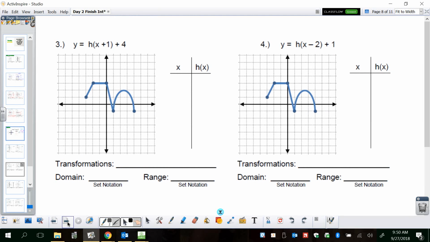So what's happening here? We have an inside change and an outside change, right? Inside is left to right, and it's opposite. So when it says +1, am I going to go left one or right one?